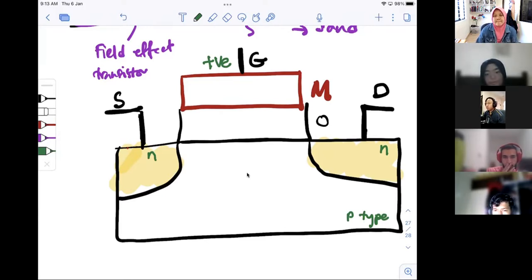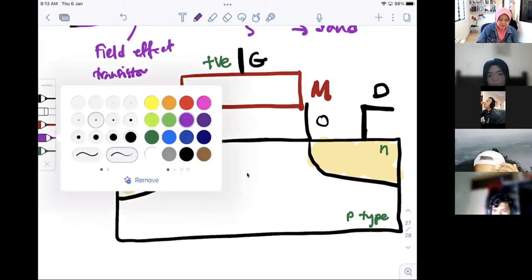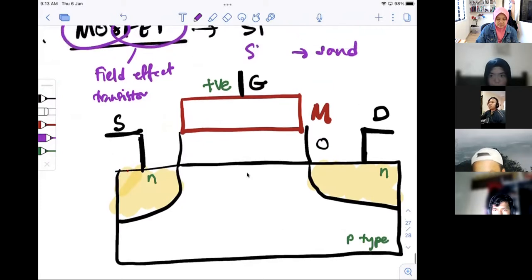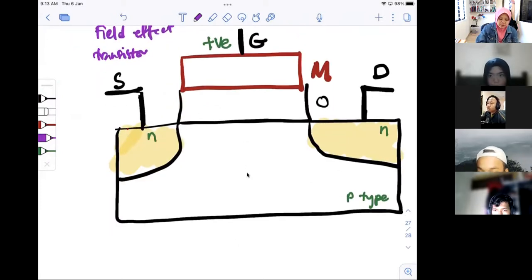Faris? The holes at the P-type will be repelled downward. Okay, good. And the minority electrons at the P-type will be attracted to the top. So the holes will be repelled away.